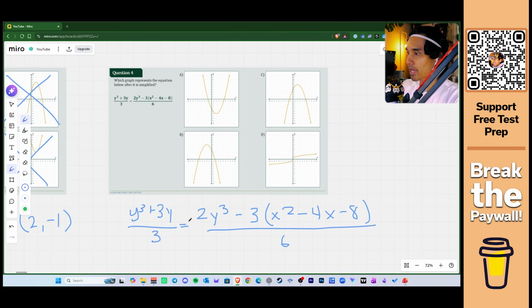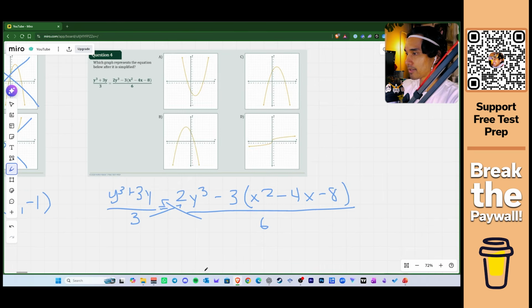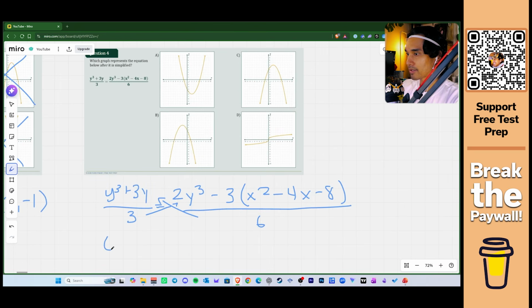Now I said I am going to cross multiply for this, okay? In order to do that, I'm going to get 6y cubed, and no, I'm not going to do it like that. What I'm going to do is do it step by step.